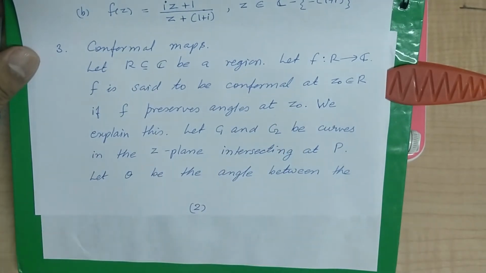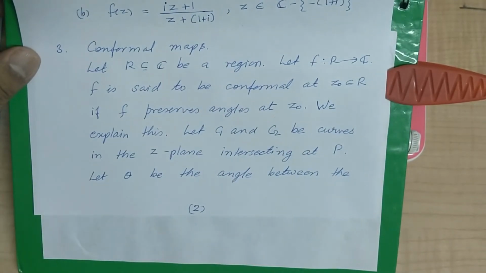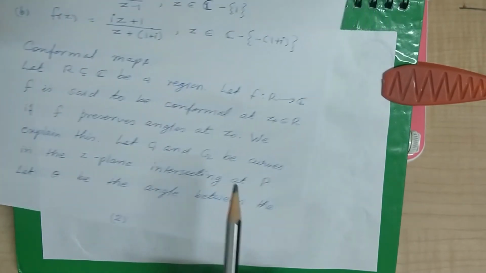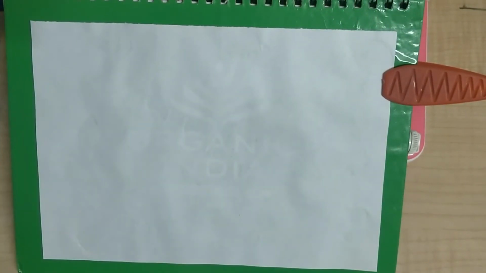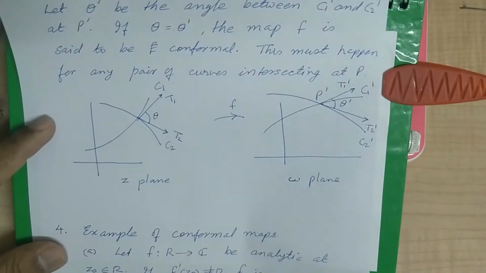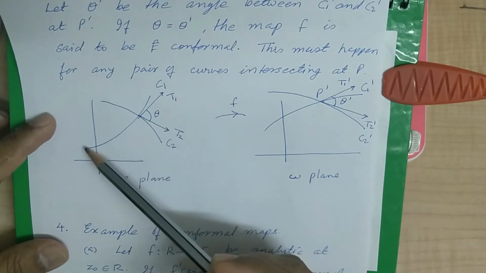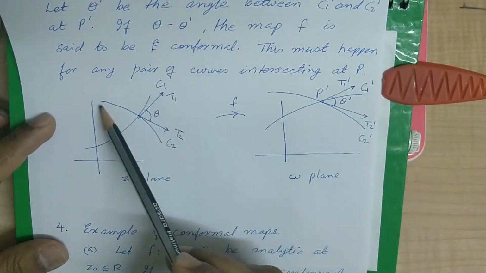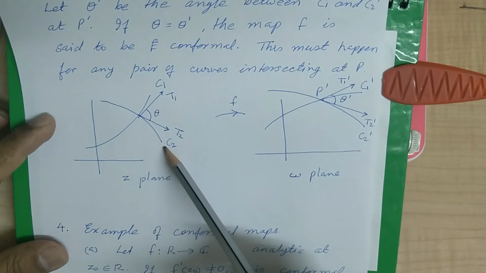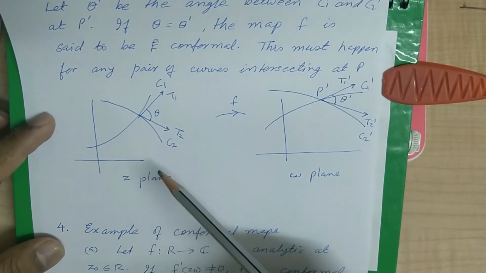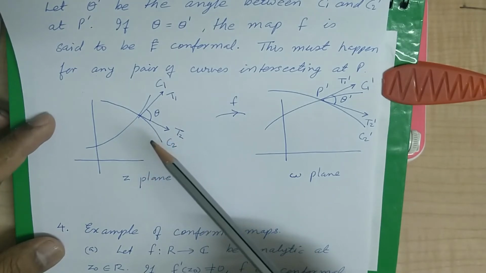Conformal maps. So to understand conformal maps, let us look at this diagram. So in this diagram, I have a curve C1, I have another curve C2, and I look at the angle between the two curves. So how does one define angle between two curves?